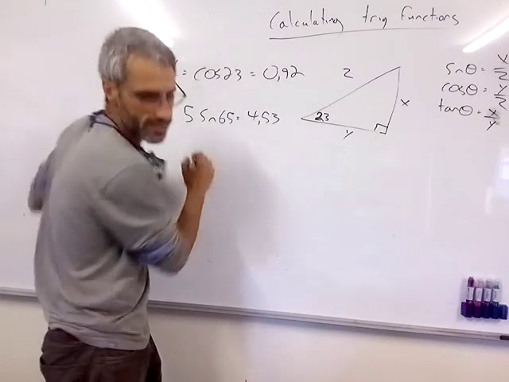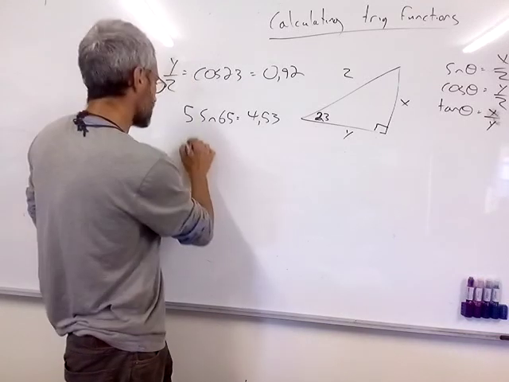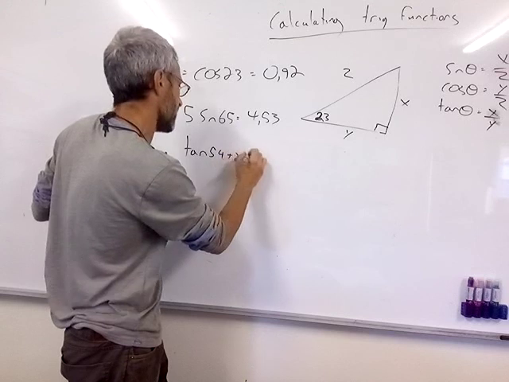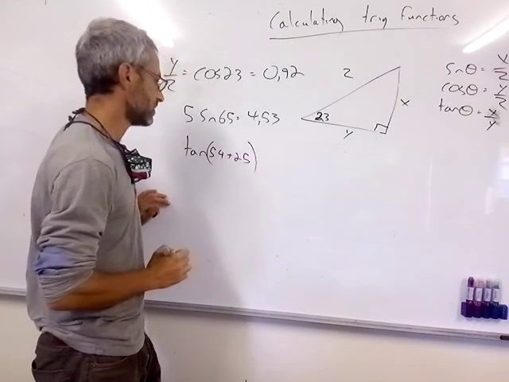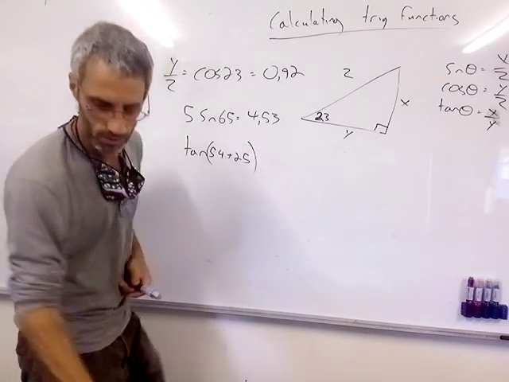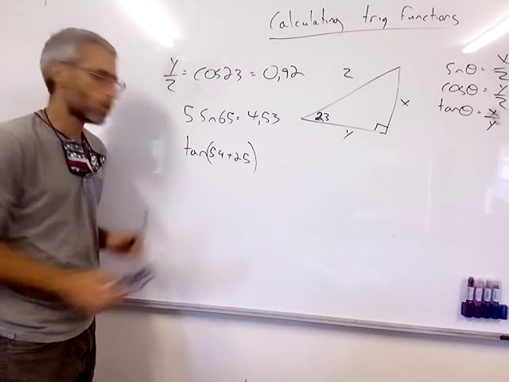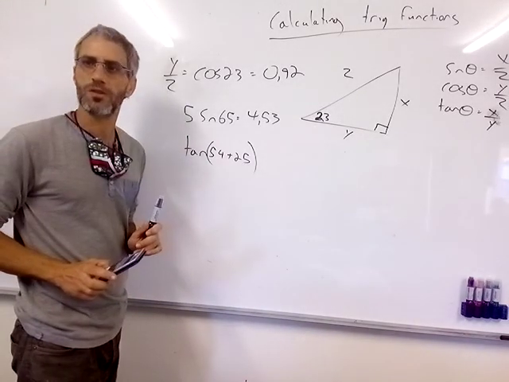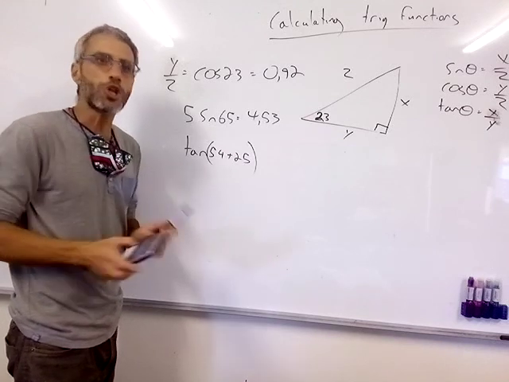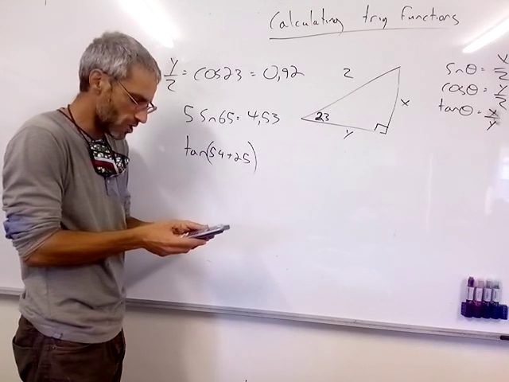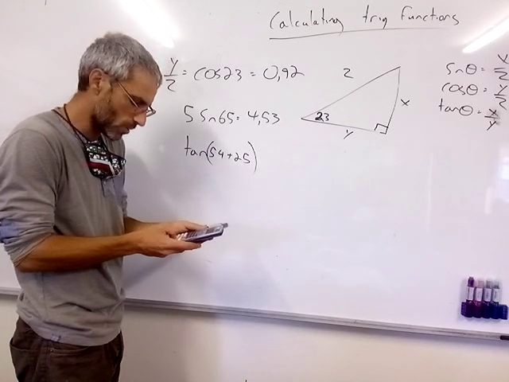Now I've got something a little bit different. Tan of 54 plus 25 with brackets like this. What do you reckon you need to do first of all? No, you have to do the brackets. Brackets come first. Now you could press tan, and then you just write 54 plus 25, close brackets.